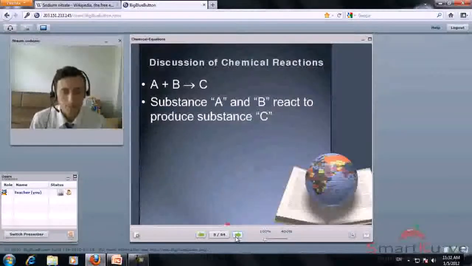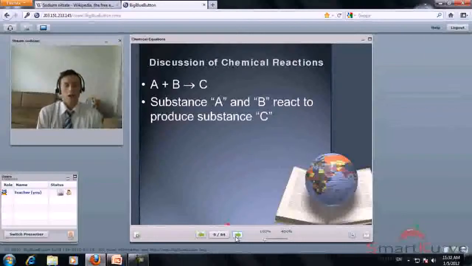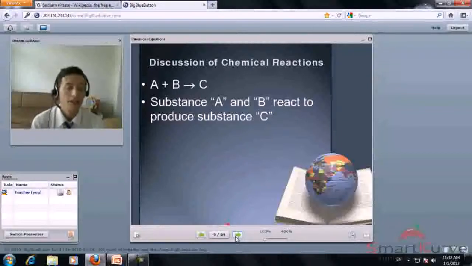Okay? Here, this is the basic formula for a chemical reaction. A plus B yields C. That means substance A and substance B react to produce substance C. And we're going to look at several examples of this later in the presentation.